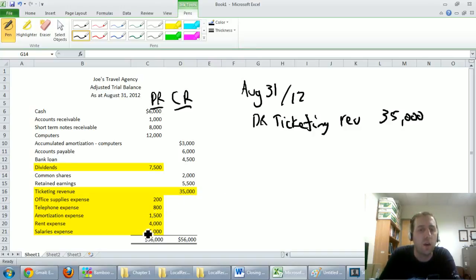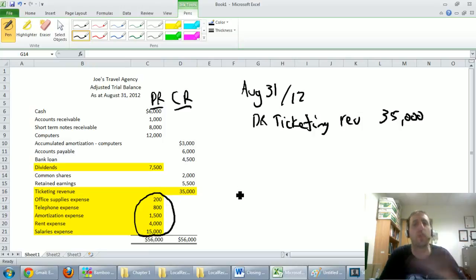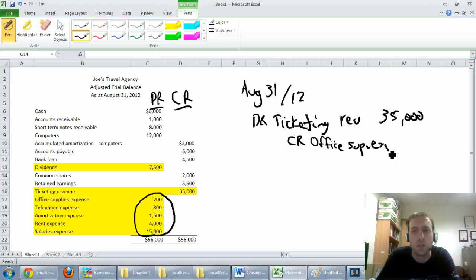I'd also like to make all of these expenses go to zero. Now, all the expenses are sitting there in their nice debit balances. To make them go to zero, I'm going to have to credit them. So let's credit all of our expenses and make them go to zero. So I'm going to credit my office supplies expense. I'm going to use lots of abbreviations here. Credit office supplies expense for $200. Just remind myself that this is the column for debits and this is the column for credits.